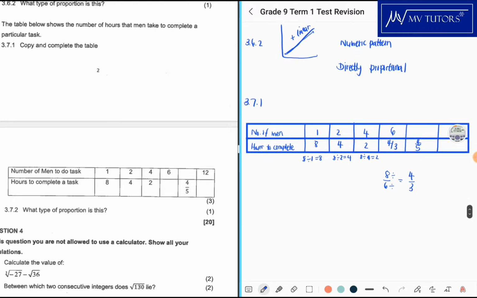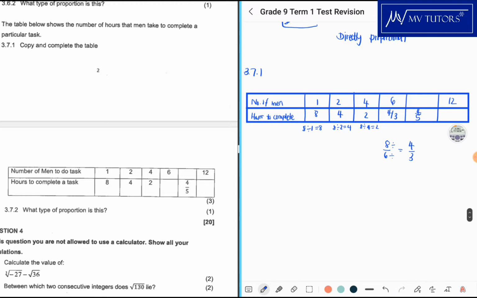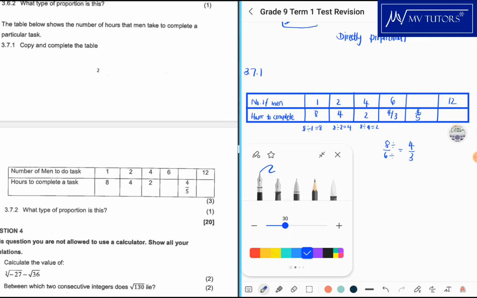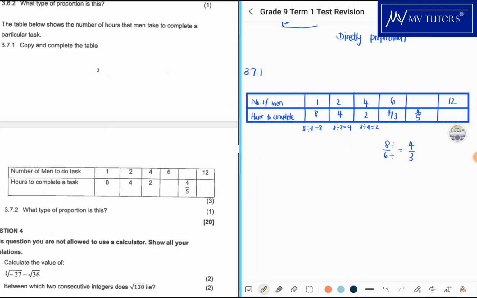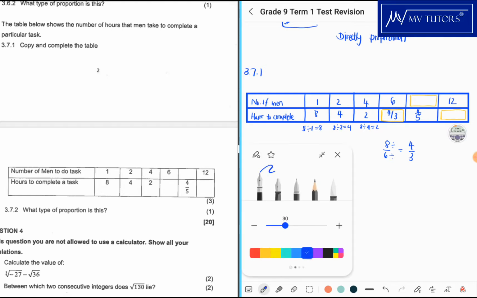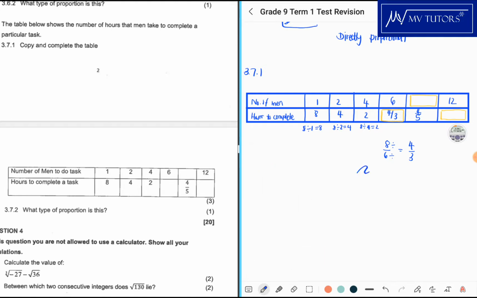Now, how much do I need to divide 8 by in order to get 4 over 5? What number of men will I use? This is what we just filled in, and I fill it in there so that you know the difference. I know I need to say 8 divided by something, and then I'm going to get 4 over 5.